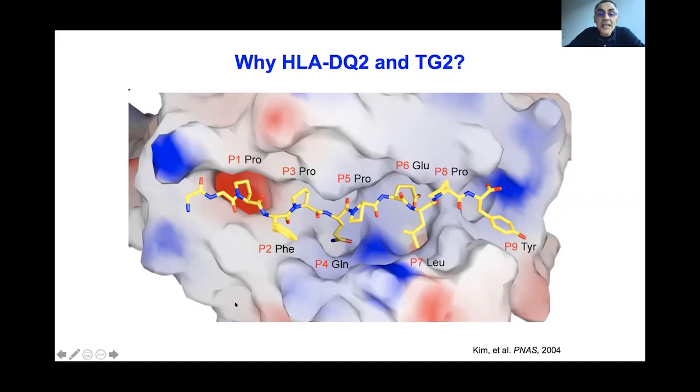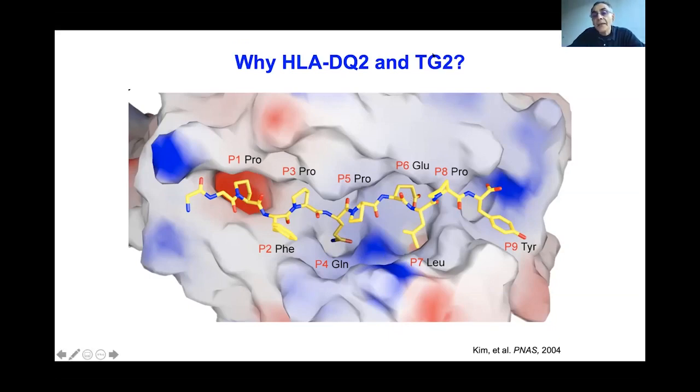What you see in this crystal structure is that the prolines that are positioned in the gluten antigens are positioned exactly at the places where backbone amide bonding is not critical. So in some sense, there's a perfect match between this HLA within the human HLA repertoire and what exists in the wheat field in terms of where backbone hydrogen bonding is important.